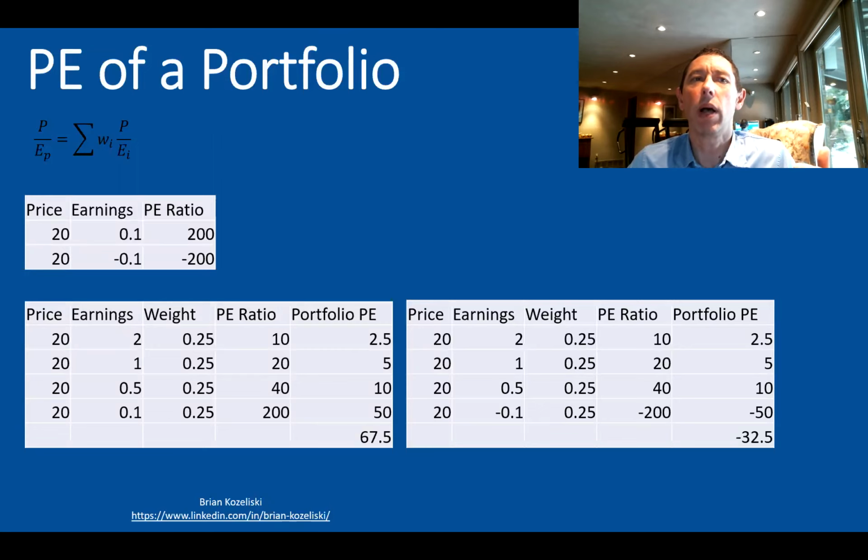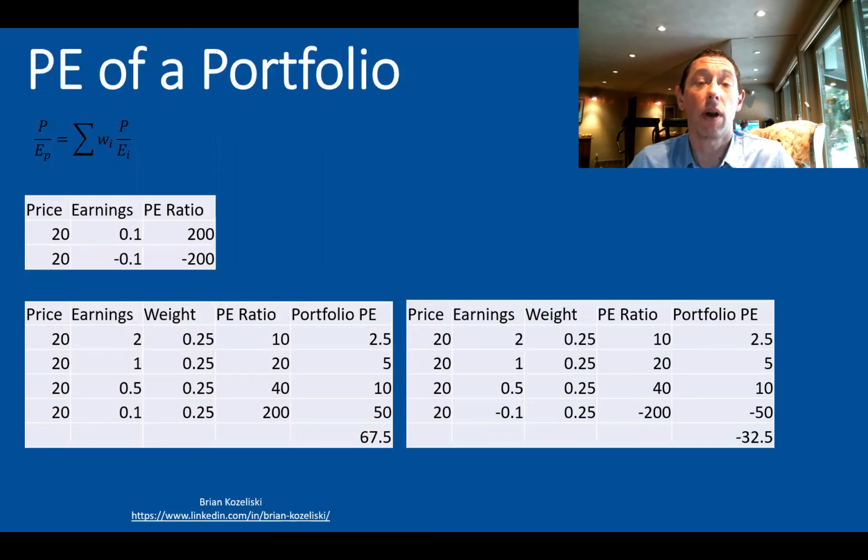If you think about it, well, high PEs are expensive and low PEs are inexpensive. By dropping the earnings, we get more expensive. We would expect the PE ratio to increase slightly given this change in the portfolio.